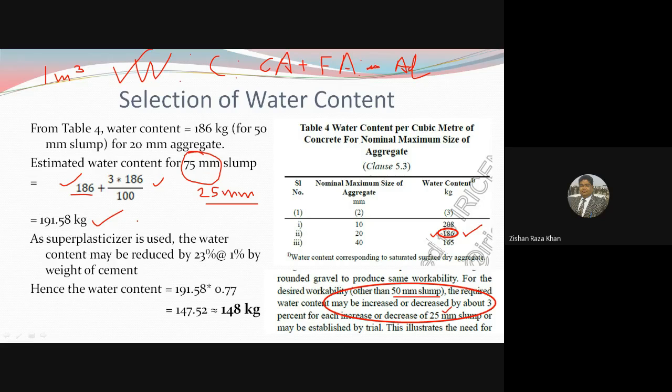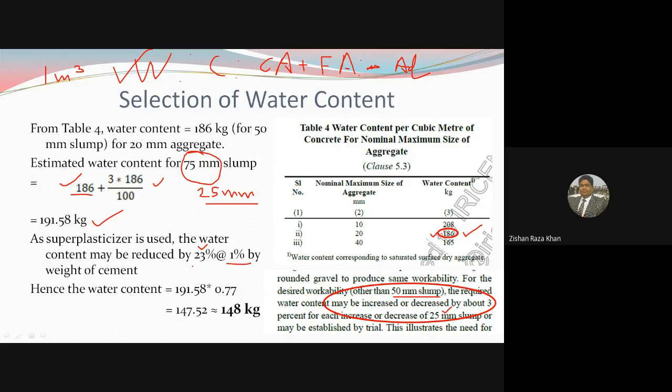Okay. Now, as we know that super plasticizers are used to reduce the water requirement, and actual data may be utilized from the manufacturer, that whatever super plasticizer you are going to use, how much water it can reduce. But for trial, IS code is taken as 23% of water reduction for 1% of dose.